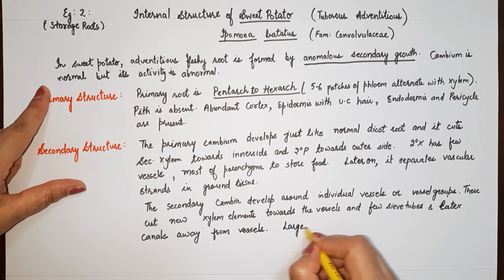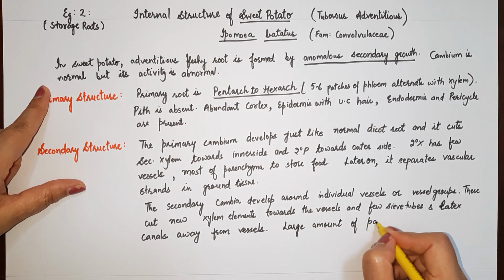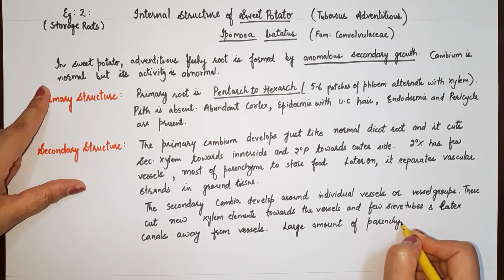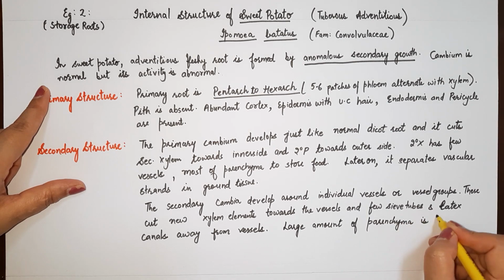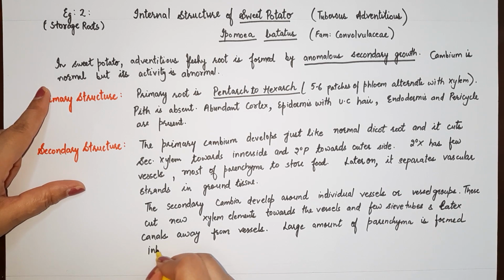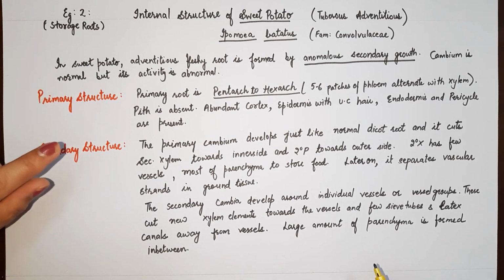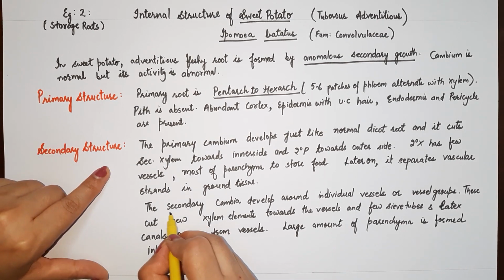Large amount of parenchyma is formed in between. So this was the activity of secondary cambium.